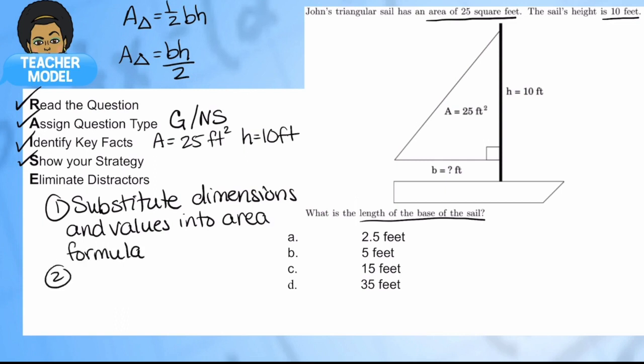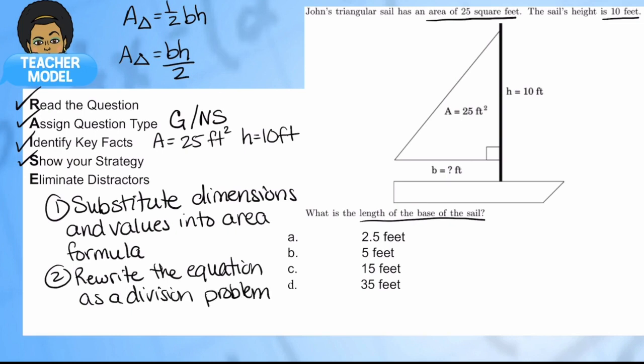And then 2, we're going to rewrite that equation as a division problem. That is how we're going to solve this.